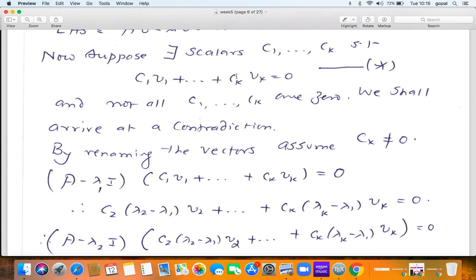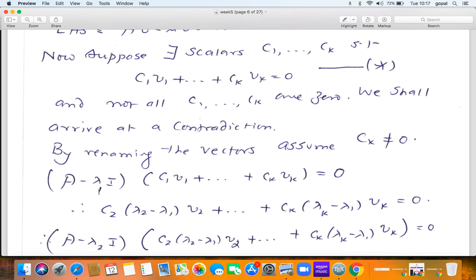How am I going to simplify star? I'm going to first apply A minus lambda 1 I to star. When I apply the matrix A minus lambda 1 I to star, what happens to the first term? v1 is an eigenvector, remember? So A minus lambda 1 I times v1 will be 0, and the first term will disappear. What will happen in the second term?